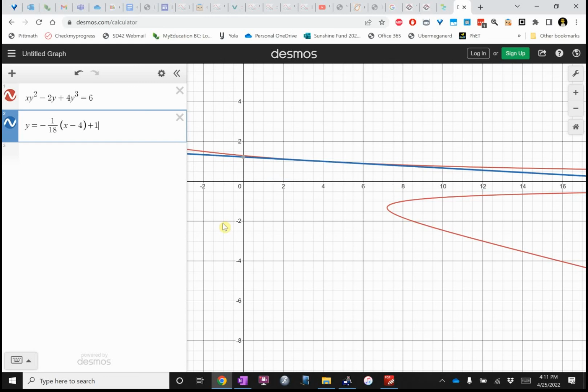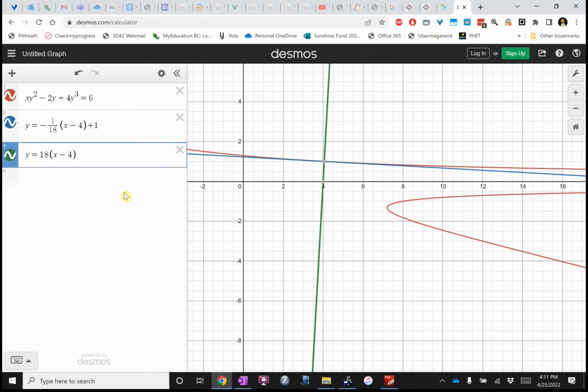Oh, that looks good. And the normal line was y equals positive 18, but otherwise going through the same point. Are they hitting at right angles? Aha. It's always nice to see graphically that I think we're correct.